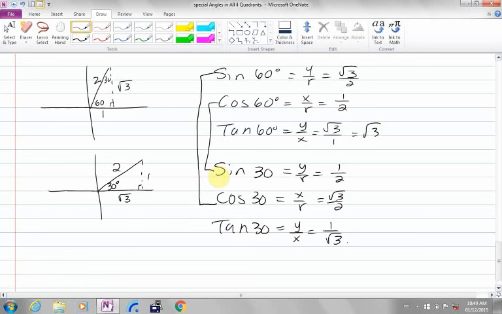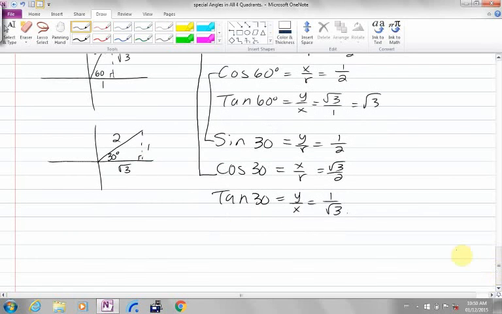Now, I'm not going to write down all of them in all quadrants, but let's practice finding a few in a different quadrant, because that's the tricky part. So, let's see if you can do it.